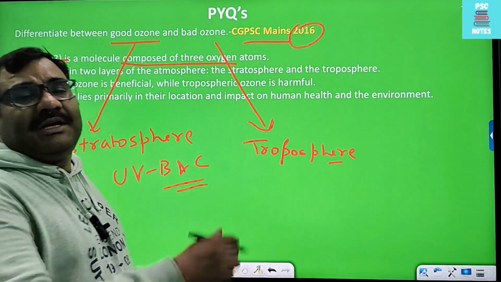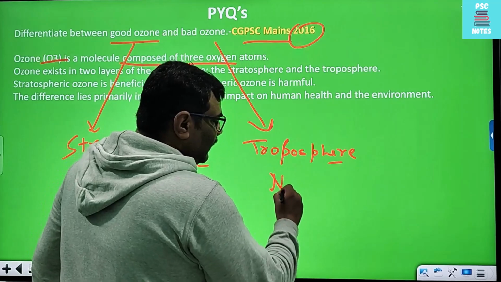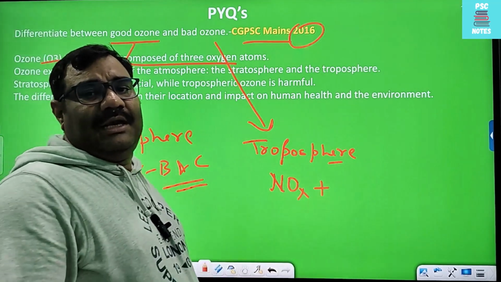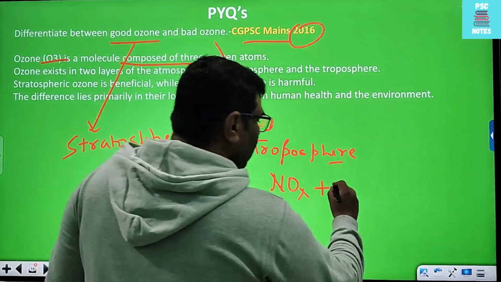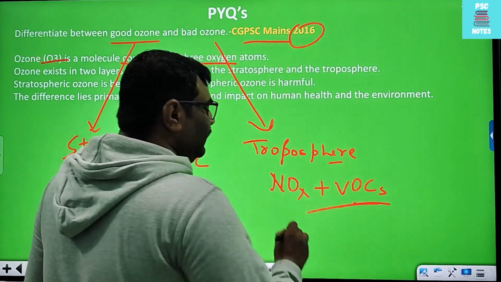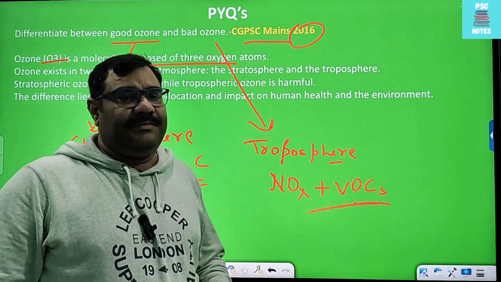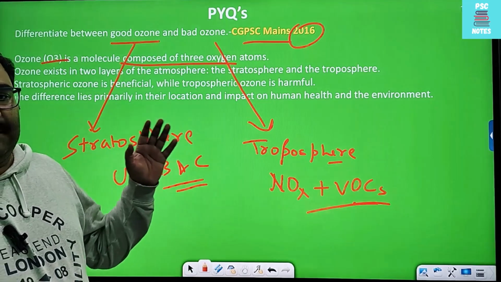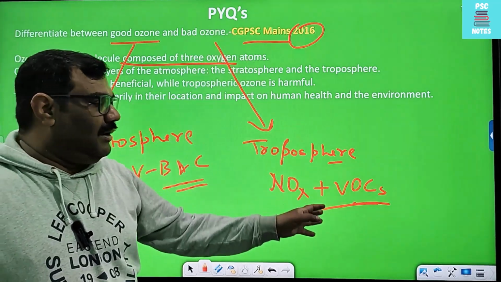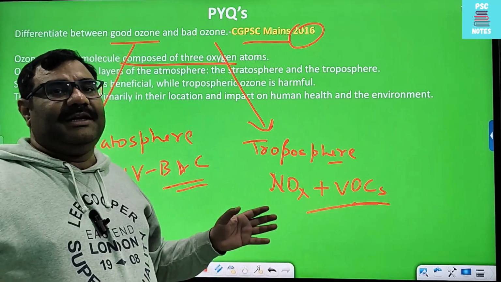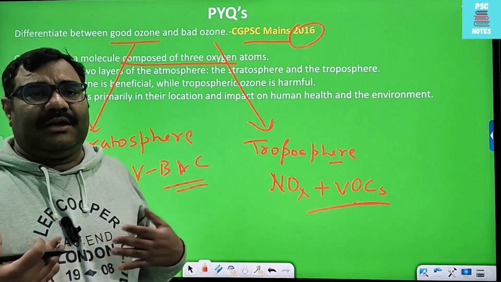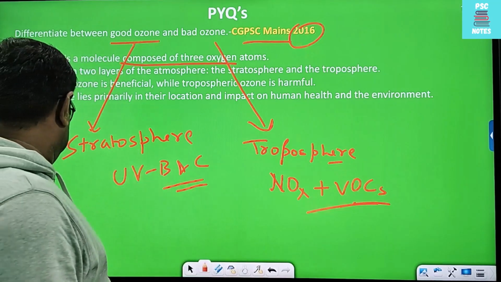It is formed by the reaction between nitrogen oxides and volatile organic compounds, which are released from industrial emissions. Now what are the effects of bad ozone? Bad ozone, which is at the troposphere level, is a pollutant and it affects our lungs and causes serious suffocation.